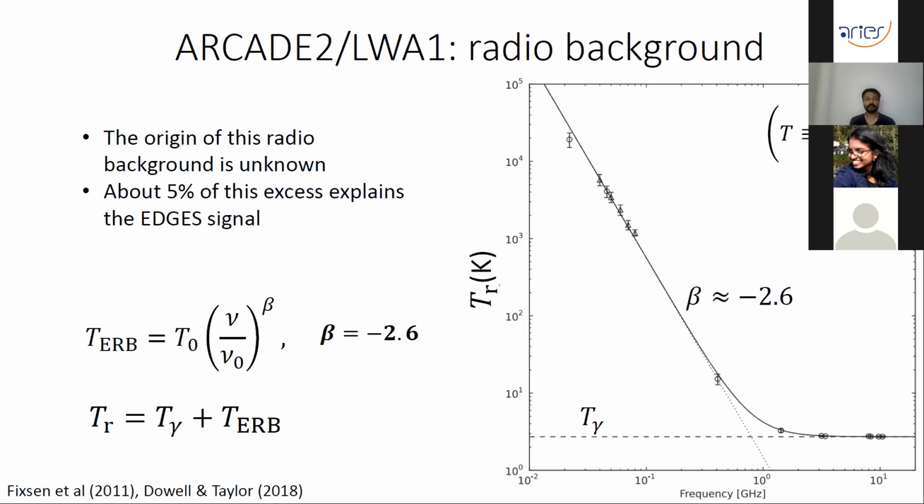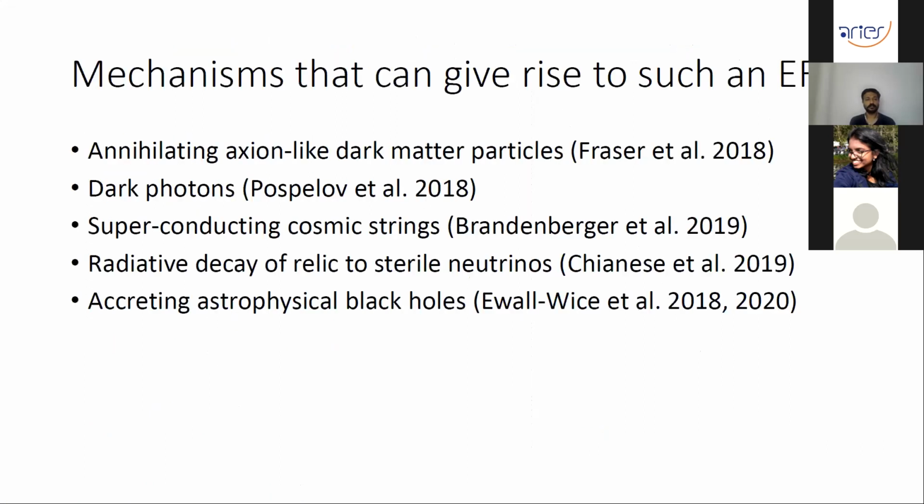So because the origin of this radio background is unknown, naturally there have been several mechanisms proposed in literature, and I have shown some of them listed over here, which is not an exhaustive list, of course. For example, axion particles annihilating and converting into standard photons, or dark photons resonantly converting into standard model photons can explain this excess radio background, and many more other mechanisms are there.